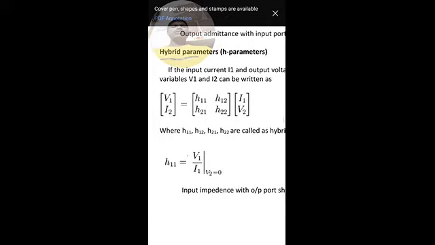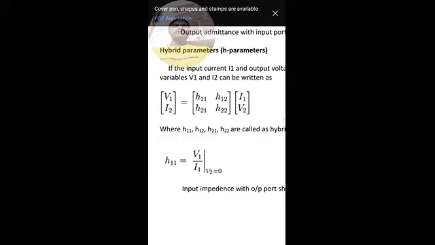We can write these dependent variables, the input voltage and output current, V1 and I2, in matrix form as H11, H12, H21, H22 multiplied by I1, V2, where I1 and V2 are the independent variables.